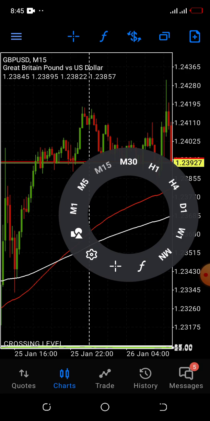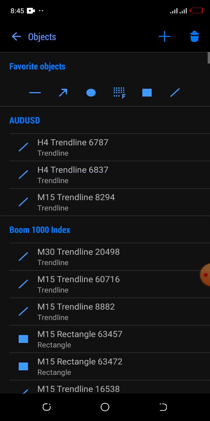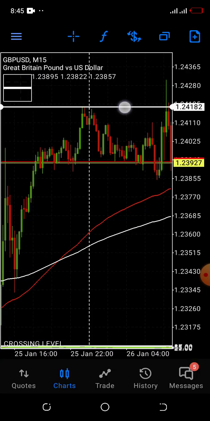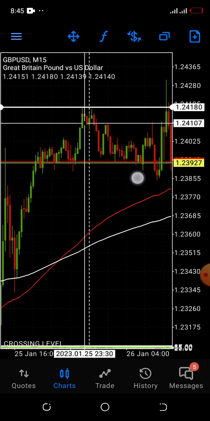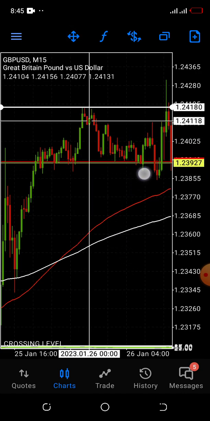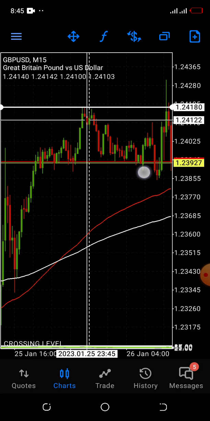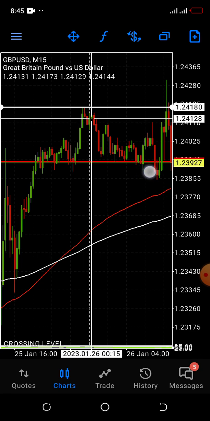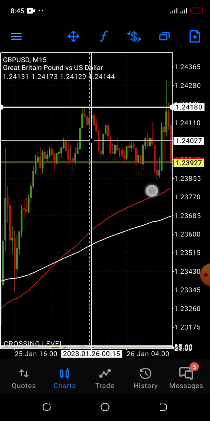You come here, you place your level on this recent high, and then what did I say? When this candle opens, you wait for it to finish forming, and then you place your sell from here. Immediately it's done, what do you have? Just a little bit of retracement, a little bit of up movement, and then boom, it came down.